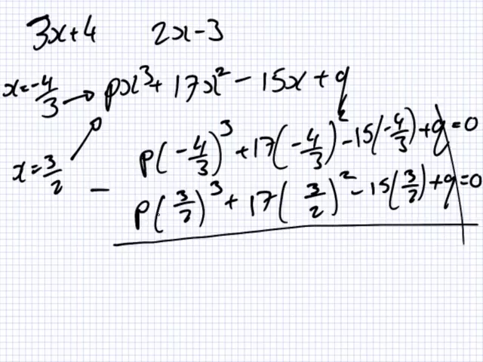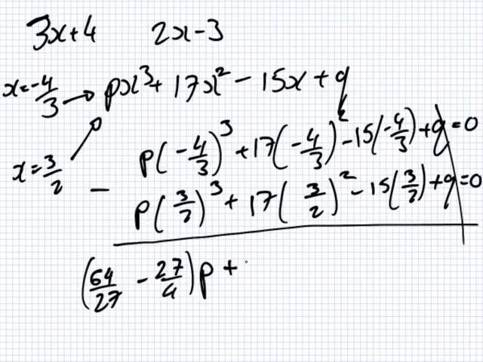So let me see, I have, now let me think, 64 over 27 minus 27 over 8 p. I'm putting these two together. 27 over 8. Thank you.